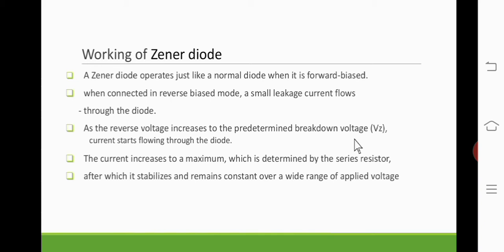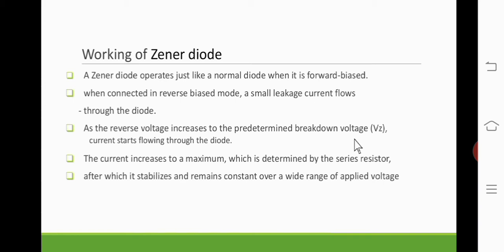If the reverse bias applied to a PN junction is increased, a point is reached when the junction breaks down and reverse current rises sharply to a value limited only by the external resistance connected in series with the junction.